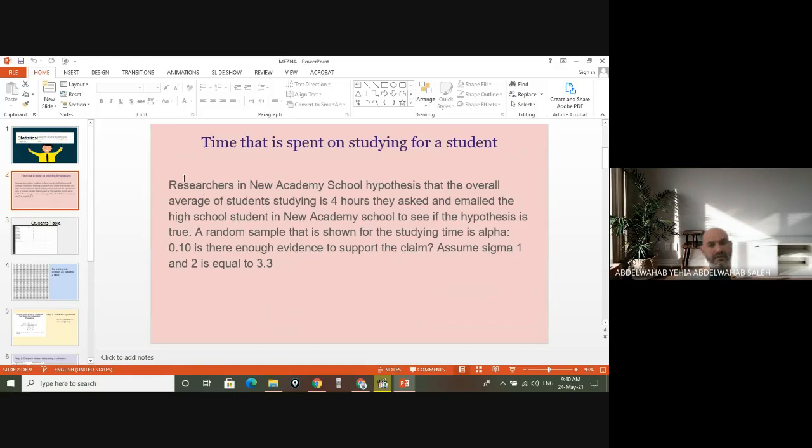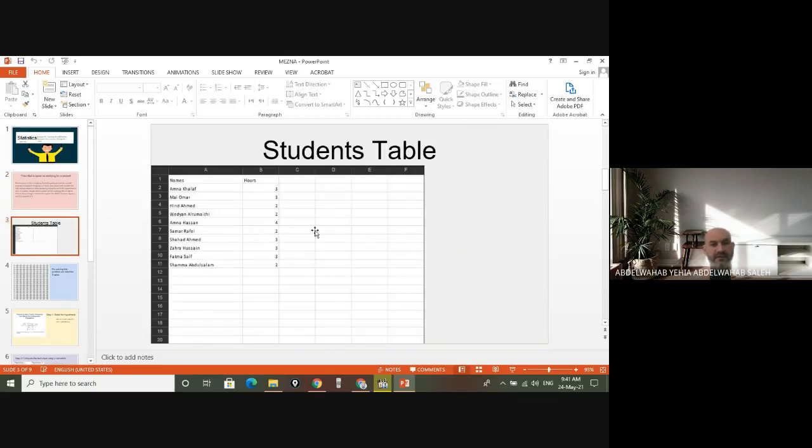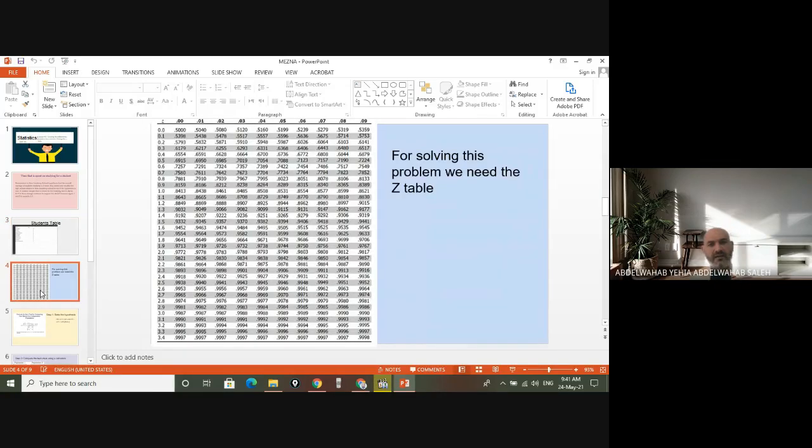They are the researchers here, Shog and Mizna and the group. New Academy School hypothesis. And here they collect the data by asking some students about the hours they work. Here is our reference. They solve this problem in the table, or table A.